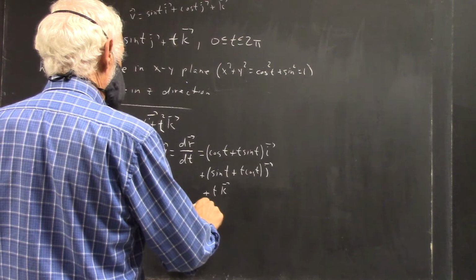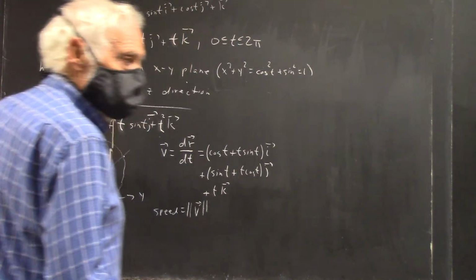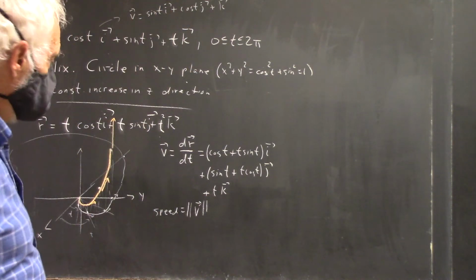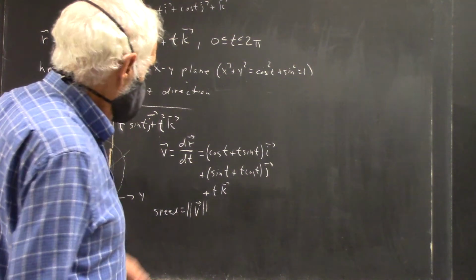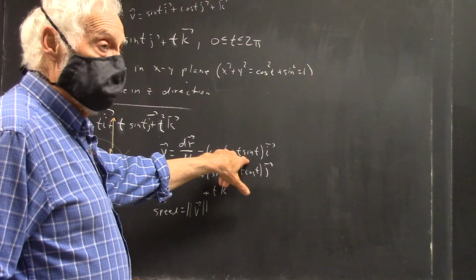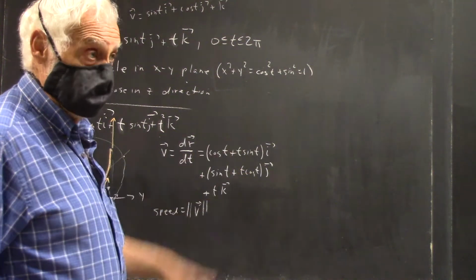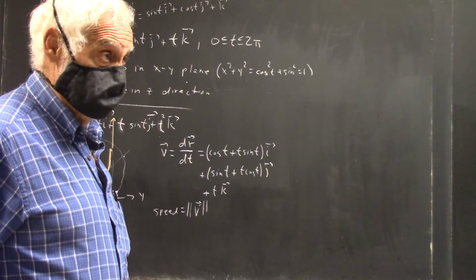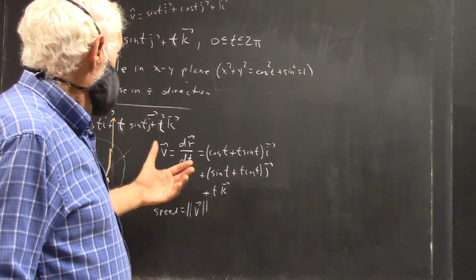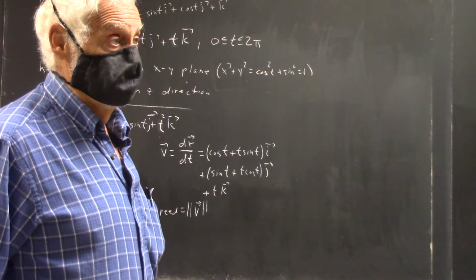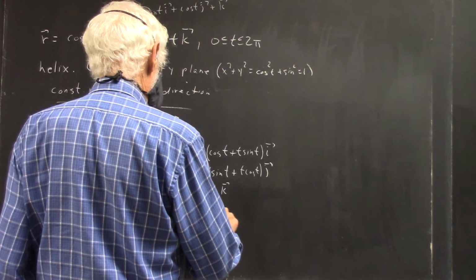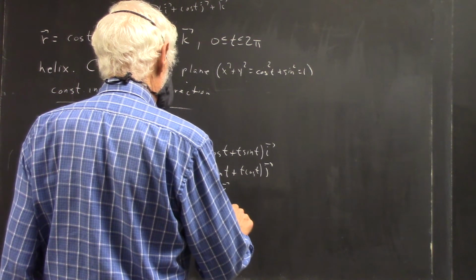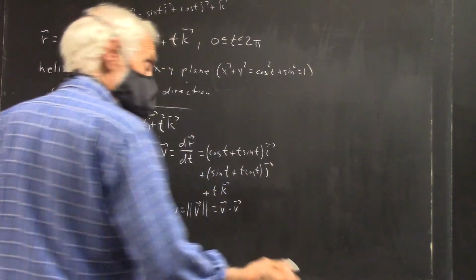It's the magnitude of your velocity. And you can do that in one of two ways. You can use the Pythagorean theorem and just square this and square this and square this and add them up. Or you could just do v dot v and get the same thing. So I'm going to do v dot v because we want to think in terms of vector operations. But either would be okay.